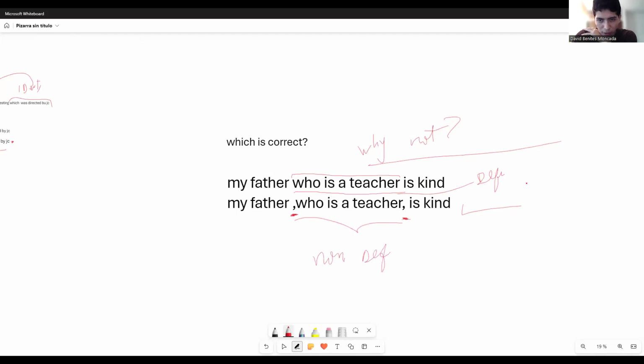What is the purpose of defining? To identify. And non-defining? Extra information. So my question is, why is this incorrect?